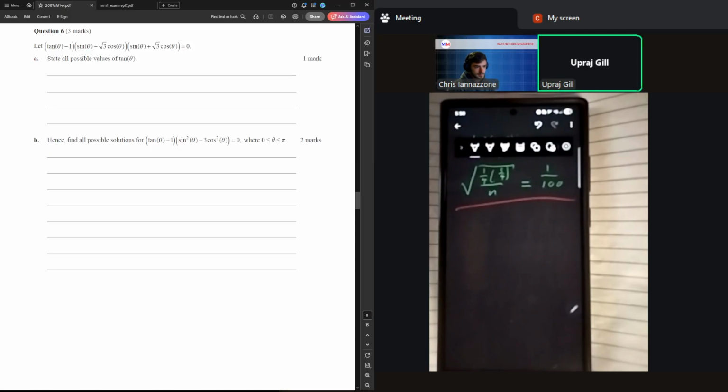Is it pi on 3 and pi on 4? Pi on 3, pi on 4 are good values. There's not all of them though. There is another one. So you're going from 0 to pi.